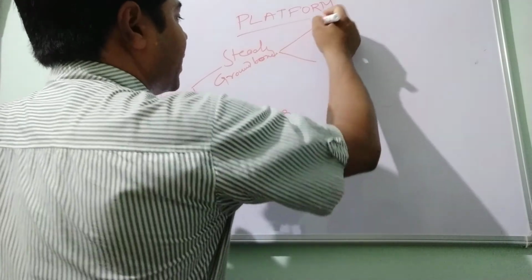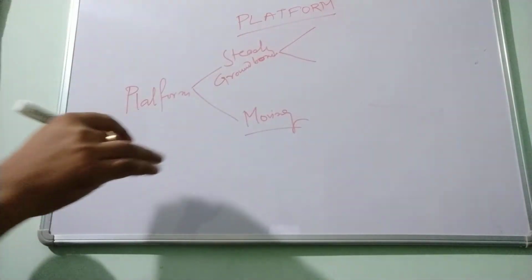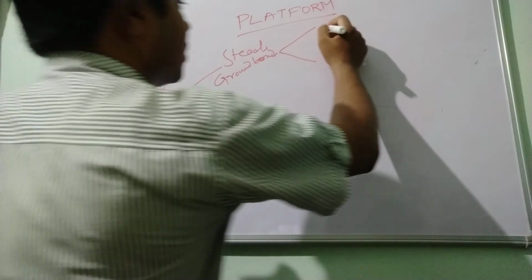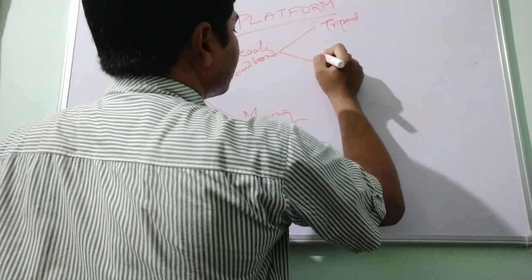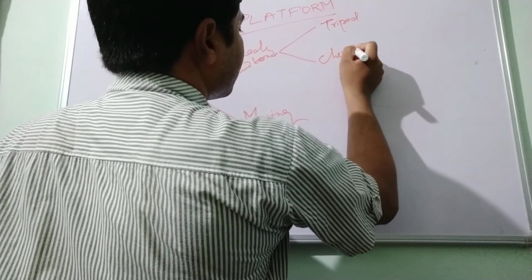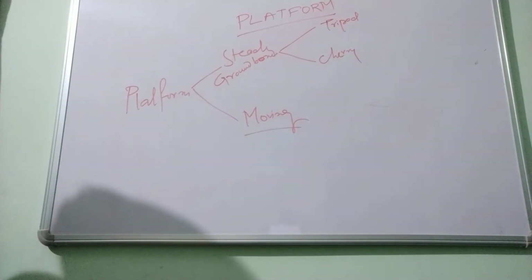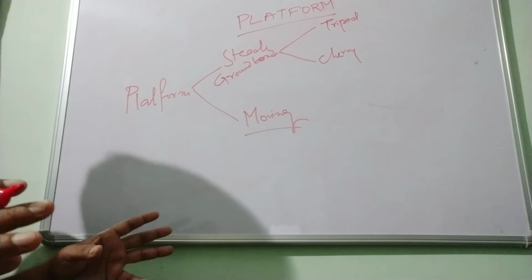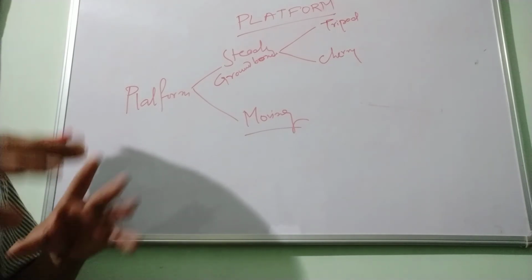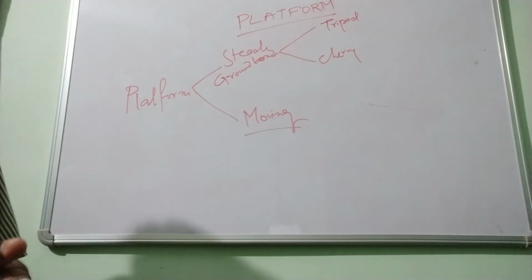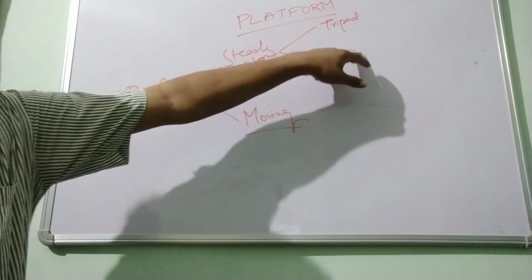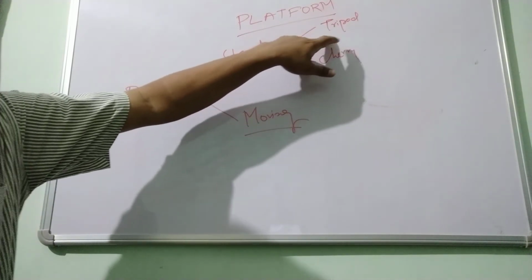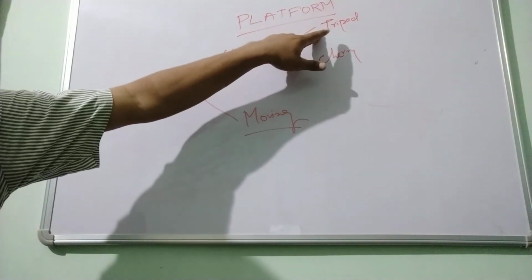It is also classified as cherry-picker-based and tripod-based. Suppose we would like to take information from a particular object by stationing the platform on the ground. It is known as the ground-bound platform, which can be cherry-picker-based or tripod-based.